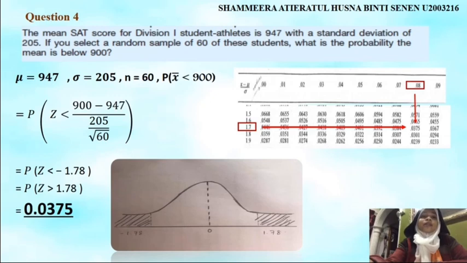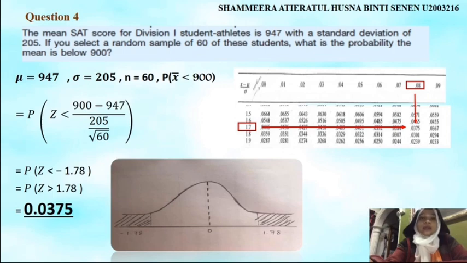We will still use the sampling distribution of the sample mean for this question, so we have to substitute all the values in the formula, and we will get P(Z < -1.78). As I told before, to use the normal distribution table, the value must be positive and greater than. So we have to change to be greater than.